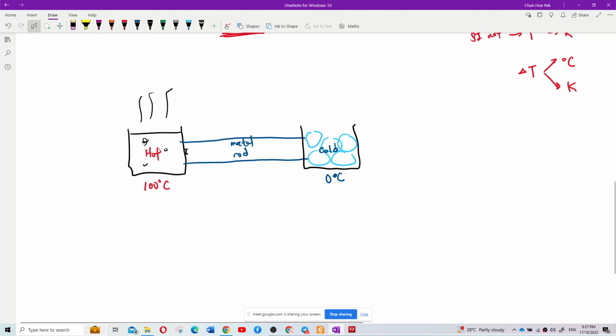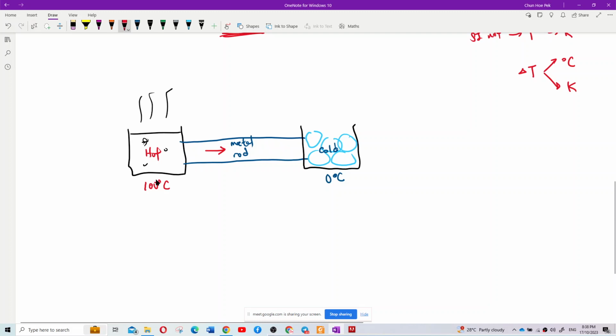What happened? The heat will start to flow from hot to cold, isn't it? Does heat flow from hot to cold or cold to hot? Class? Hot to cold. That's right.